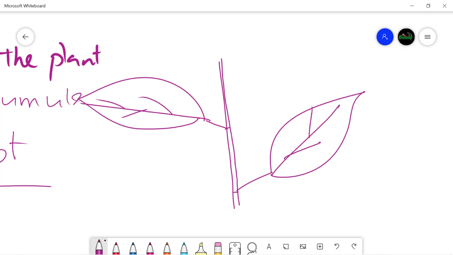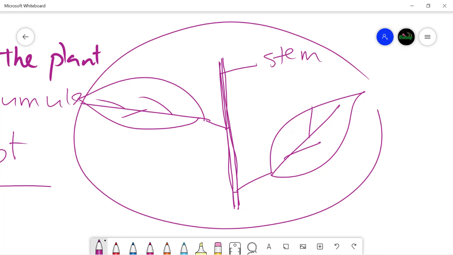And in this particular diagram, if we consider this axis, only this one, this is the stem, strictly speaking the main axis, when we are not talking about the leaves. And when stem and the leaves are taken together, they constitute the shoot. So this is stem, and this entire structure is shoot.